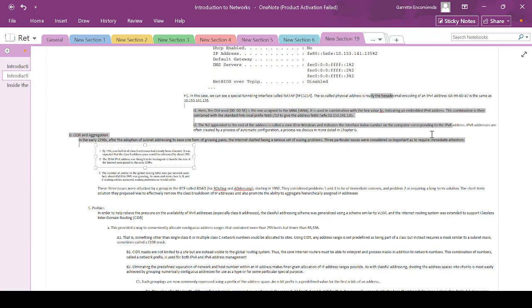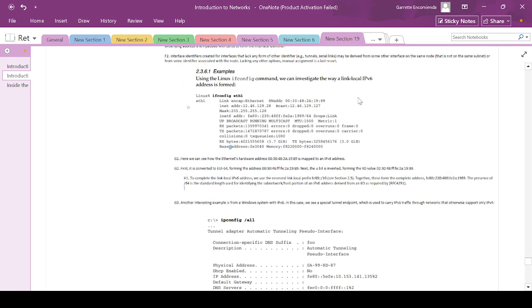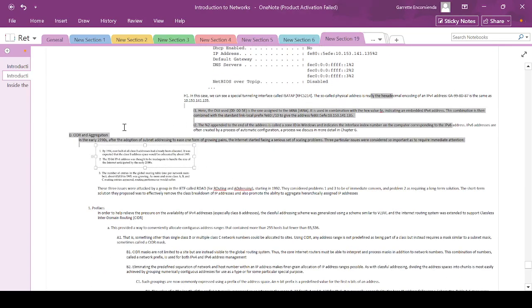Let's say you want to convert IPv4 to IPv6 to be able to support IPv6 in an IPv4 network. And also the conversion in Linux ifconfig, this conversion is now done automatically by the router.